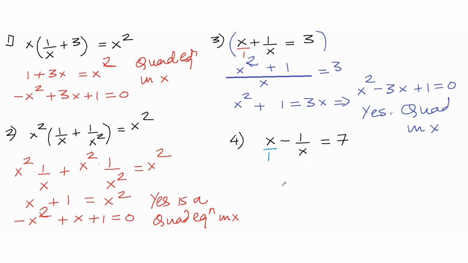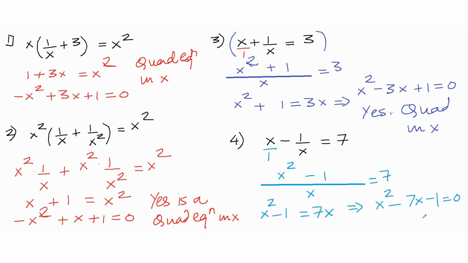Again, I can take the LCM of 1 and x. The LCM of 1 and x is x, right? So the LCM is definitely x. This 1 can be multiplied by x, so the numerator becomes x square minus 1 is equal to 7. x goes for multiplication, so x square minus 1 equals 7x, which implies x square minus 7x minus 1 is equal to 0.